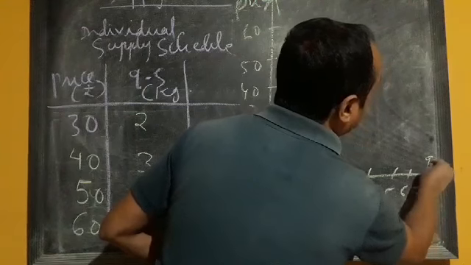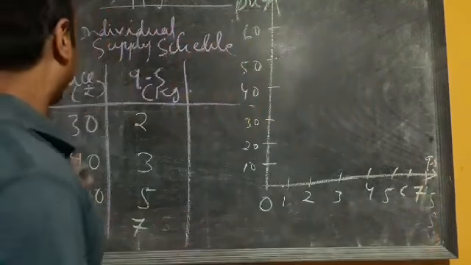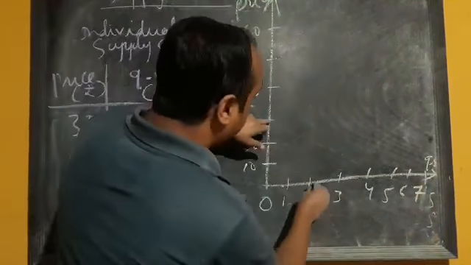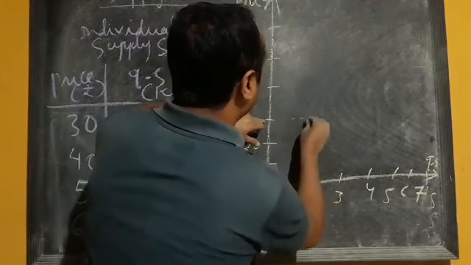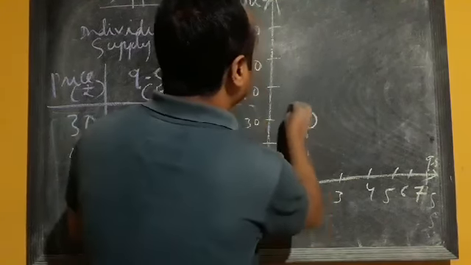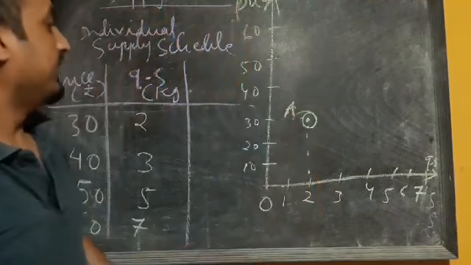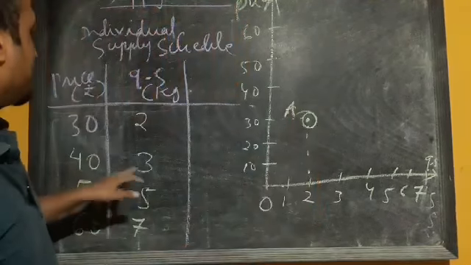This is our QS. Now when the price is 30, suppose the quantity supplied is 2 kg. Let's consider this point as point A. Similarly, when the price is 40, the quantity supplied is 3.